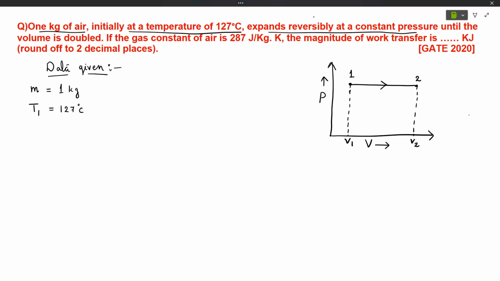According to the question, the final volume V2 is equal to 2V1, where V1 is the initial volume and V2 is the final volume for a constant pressure process.